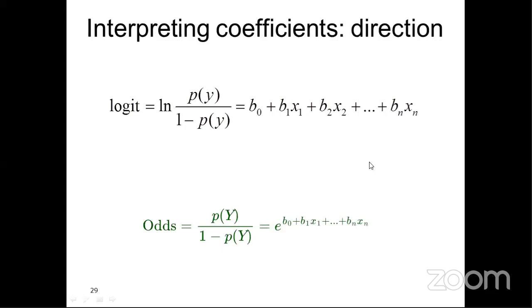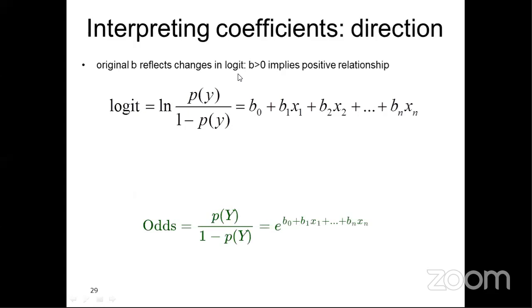Earlier we noted the mathematical representation of the logistic form of the logistic regression and the odds form of the logistic regression. In the logistic form, the original estimated coefficients, that is the B, reflect the changes in Logit.